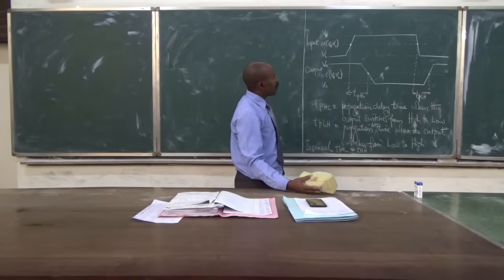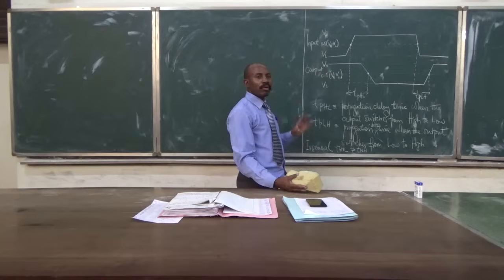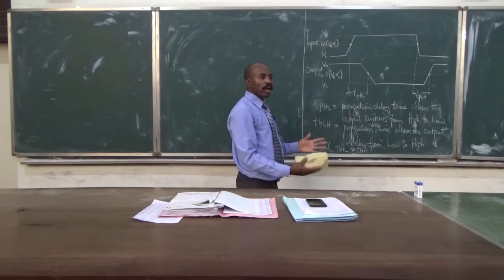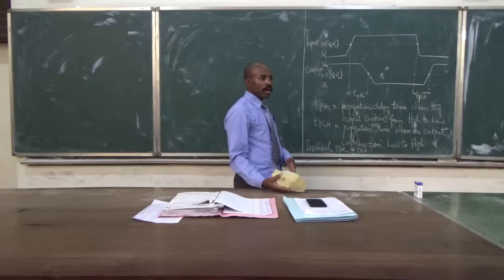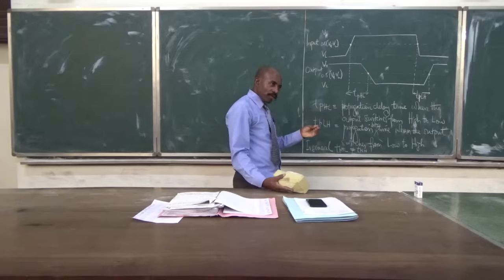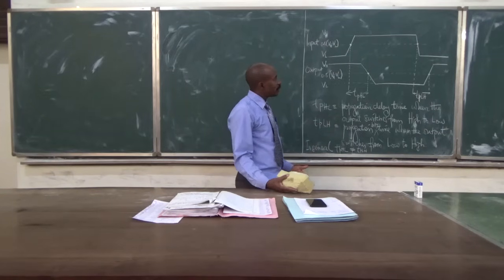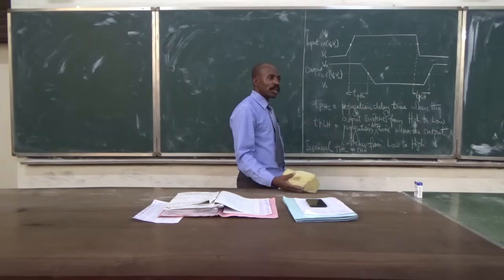Could be an amplifier, could be a clipper, could be a clamping circuit. So as long as you are having an input and an output, the time you take to realize a change in the output after trying to change the input is basically the delay time. It's the response time in a nutshell. Stimulus response kind of thing.